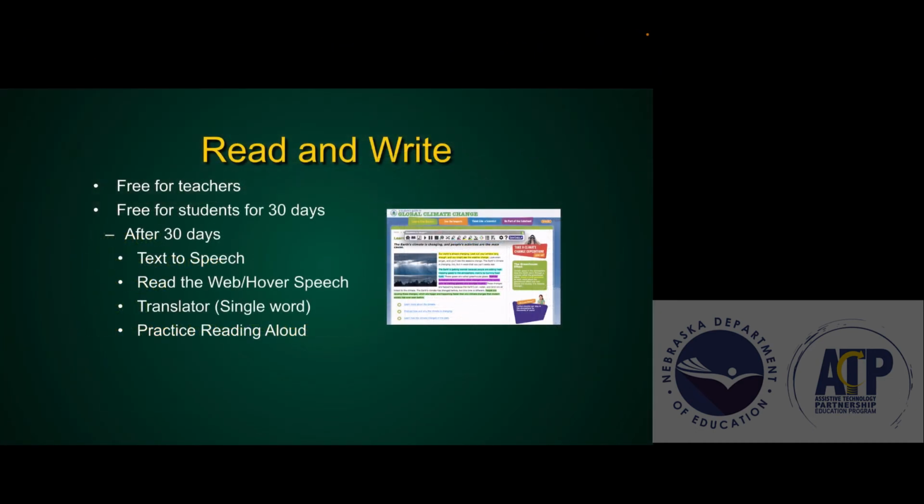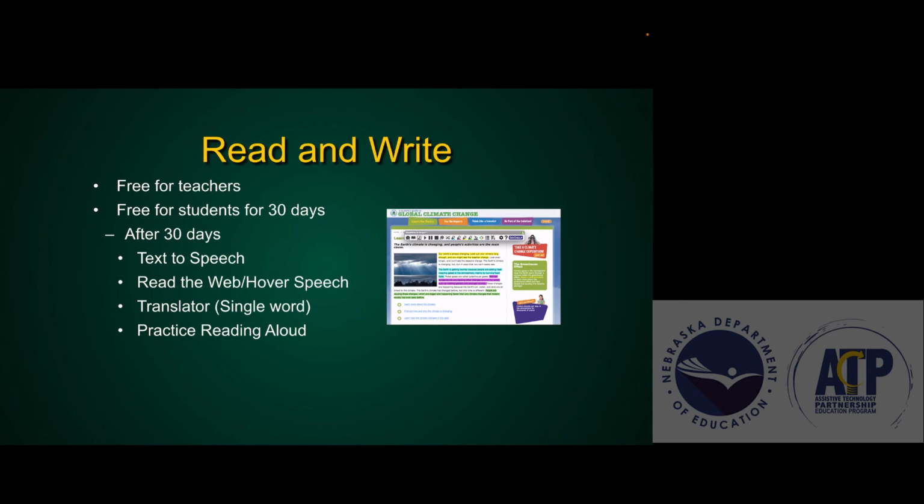Read and write is available for students. Some schools have a school license, but it provides a lot of supports for your information that's in a digital format. Gives you text-to-speech. It has a lot of study tools and highlighting tools to be able to get all your information. It's available across platforms. It's optimized for Chrome.